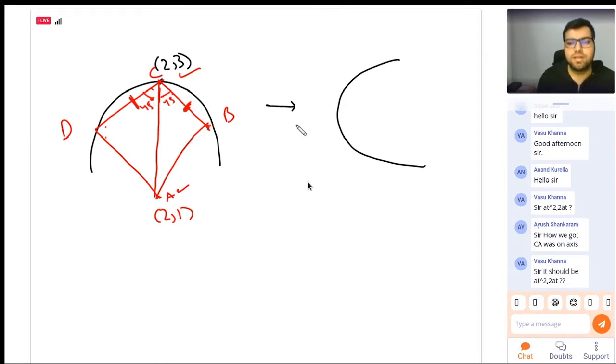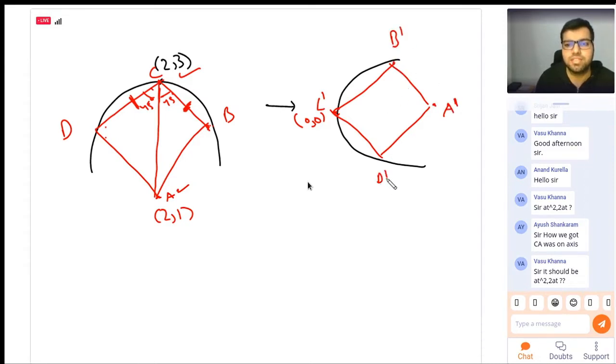So what I did was I just transferred this square in this parabola. So this became origin. So this became A'C', and this became A'. This became B', this became D'. So A'C' again here will be the axis, because here AC is the axis.